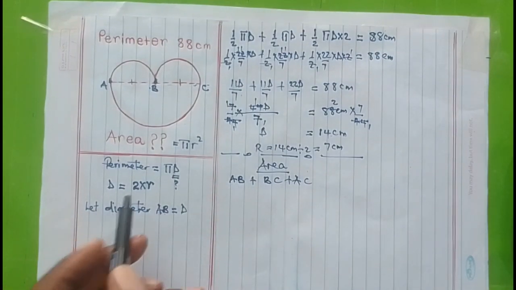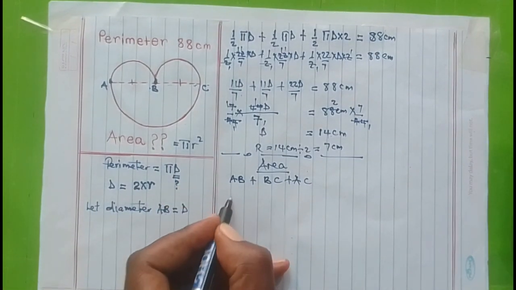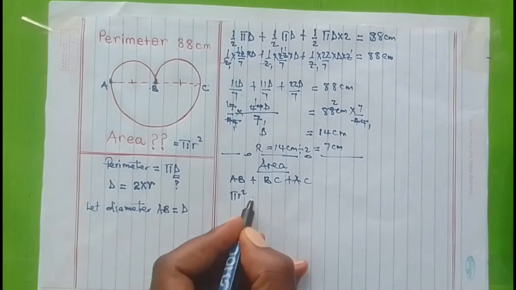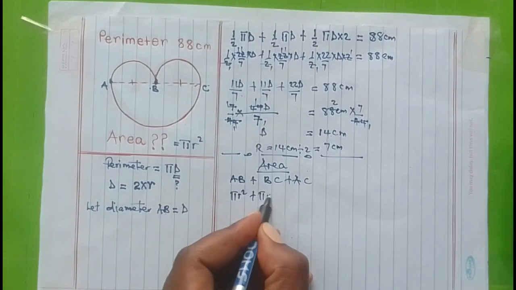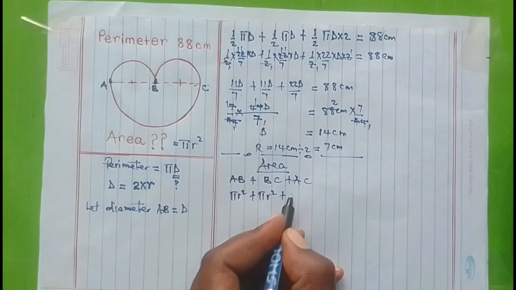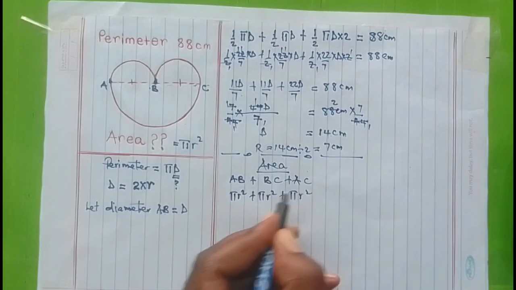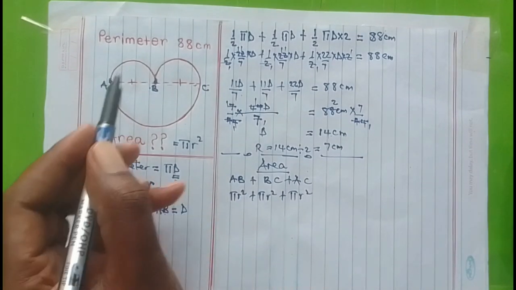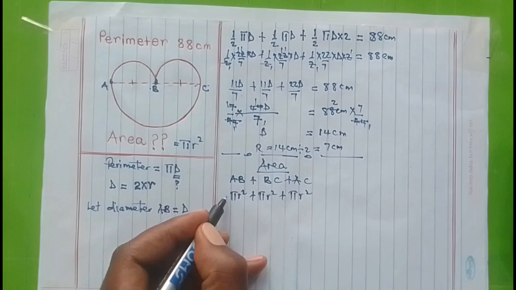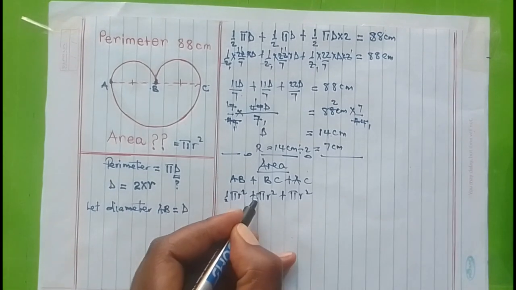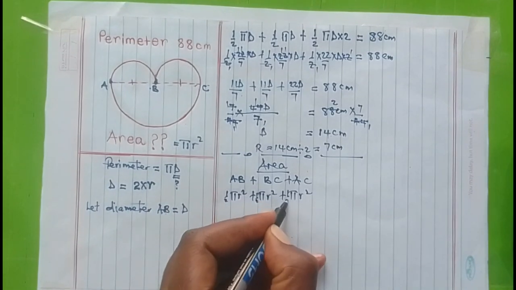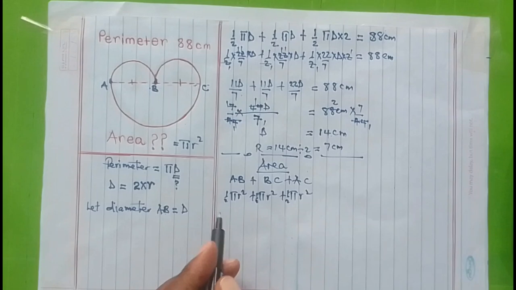So the formula of getting area is pi r squared plus pi r squared plus pi r squared. But remember, this is not a complete circle. We have to bring a half because it's a half of the circle.